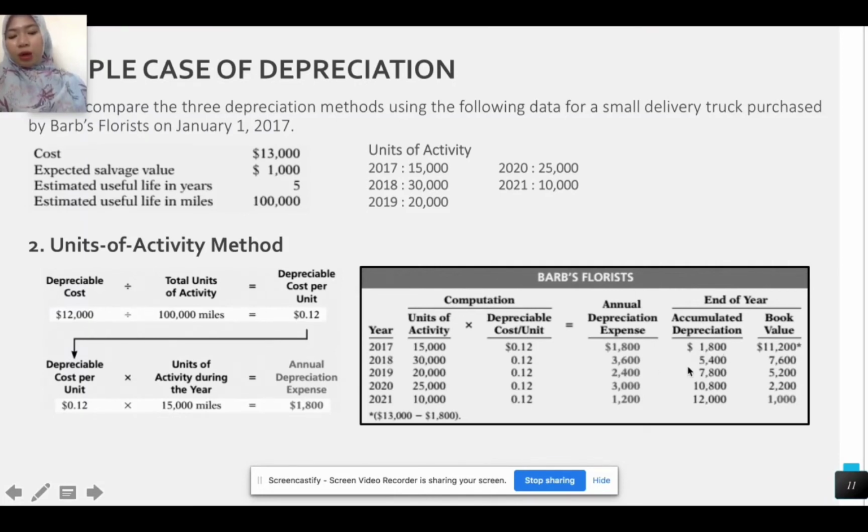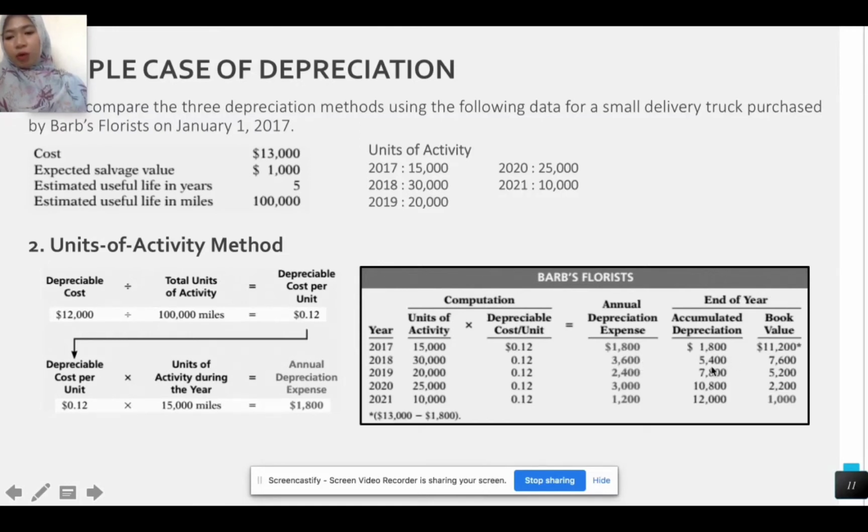For 2018, it is accumulated depreciation of 2017 plus annual depreciation expense of 2018. So $1,800 plus $3,600.